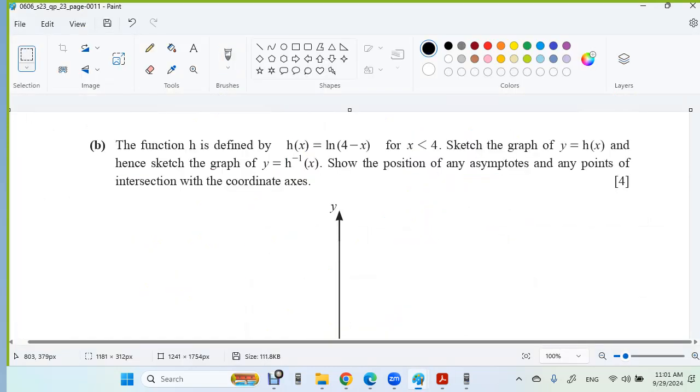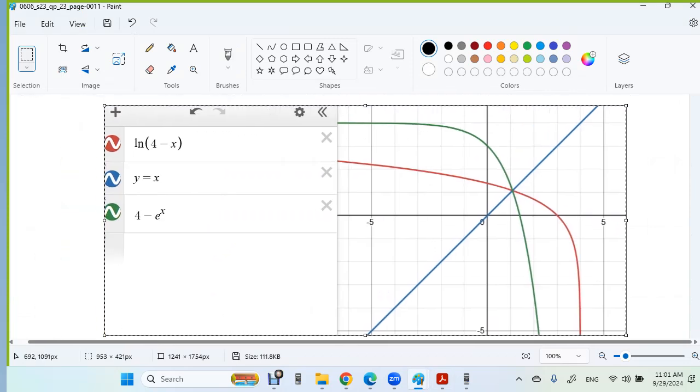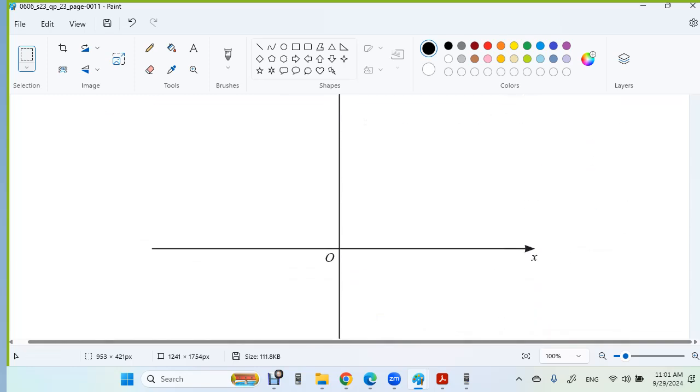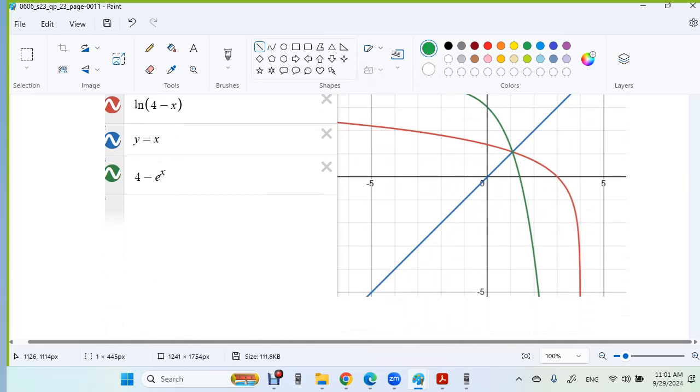So for this one, ln of 4 minus x, we have an asymptote at 4 here. And the graph looks like this.